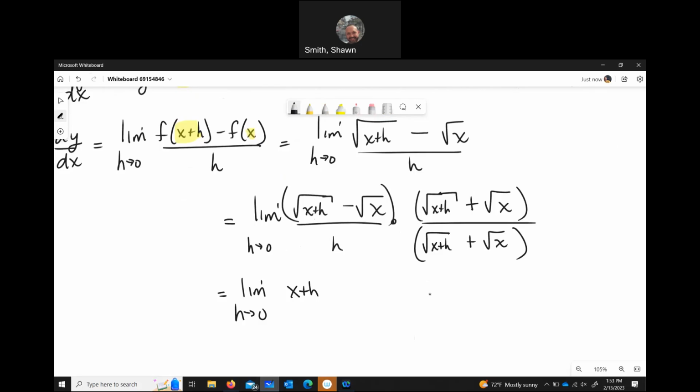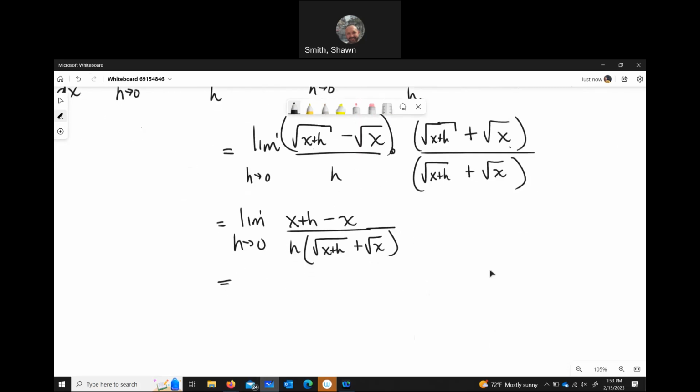It cancels away, right? And now we got the last. A negative square root of x times a positive square root of x is a negative x. x minus x goes away, right?